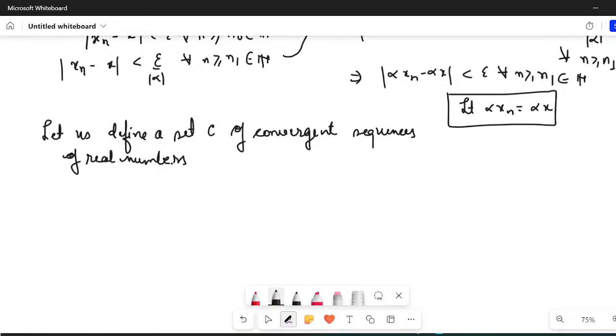Then this particular set C of convergent sequences forms a vector space. This is something, again, I am leaving to you. This is an easy exercise for you.